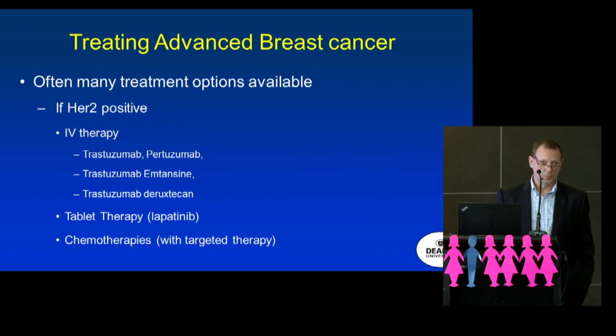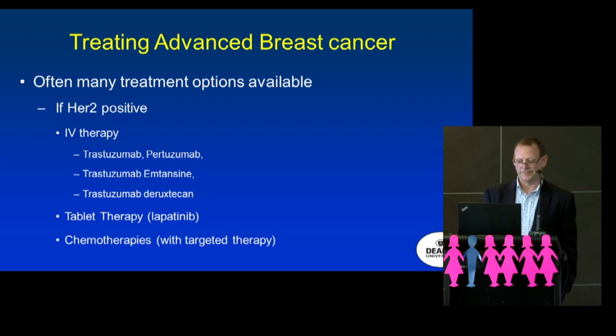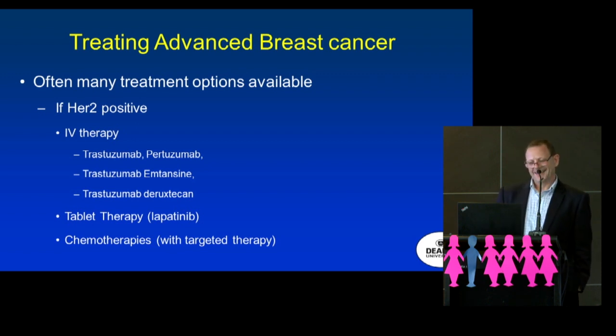And then if they're HER2 positive, this is where we get back into the fancy names again. We've got a number of different drugs, all of which target the HER2 receptor in a slightly different way. So trastuzumab, pertuzumab, trastuzumab emtansine, and trastuzumab deruxtecan. This is the most recent one, and I still can't pronounce it properly. So we call it TDX.